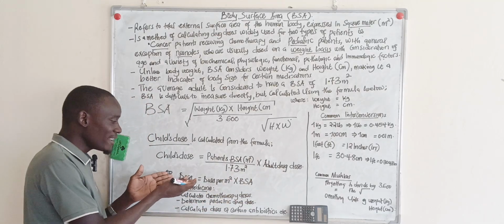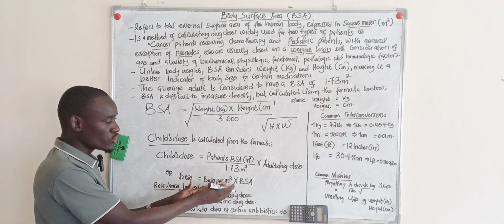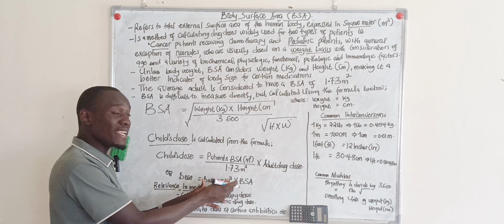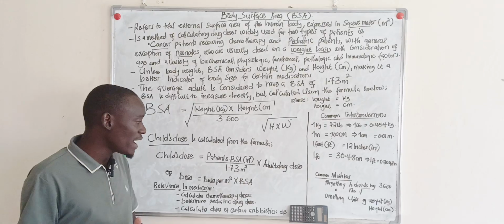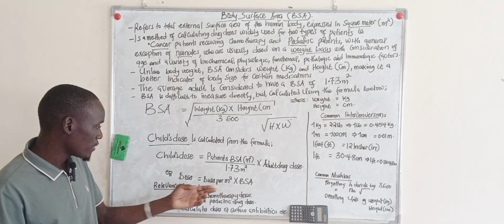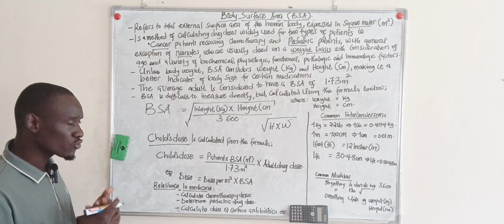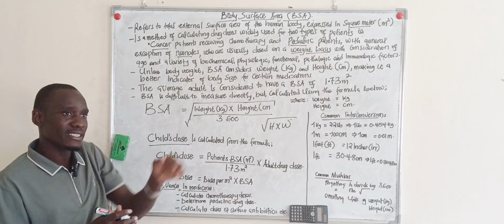Or we can say the child's dose is equal to the dose per meter squared multiplied by the body surface area of that patient.